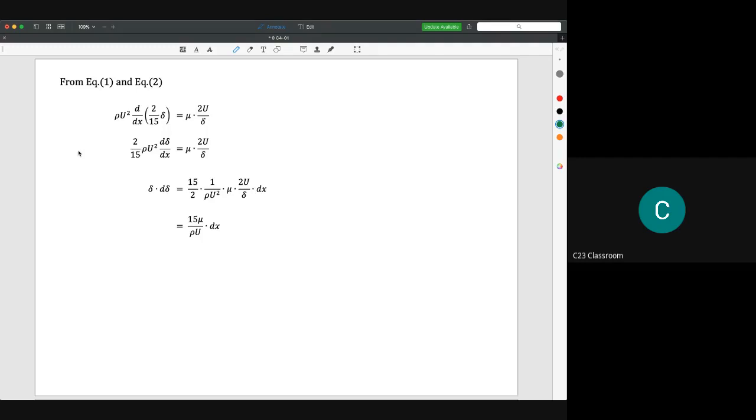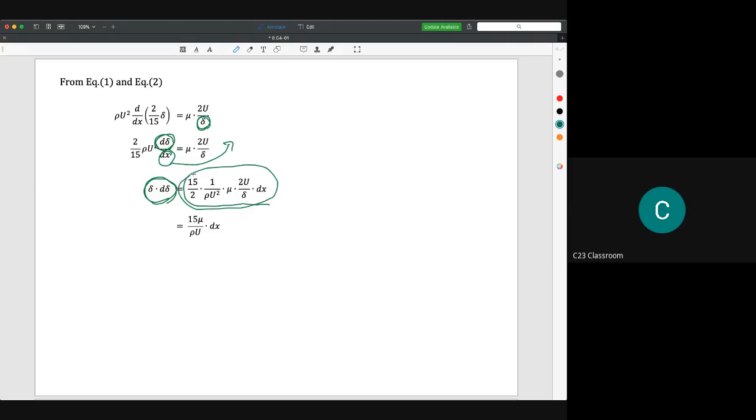So the trick is we put the terms about delta on the right side, and we bring dx to the left side, so that we only have one delta here. And then we assemble the delta and delta star on the left-hand side, and we bring all the other terms to the right-hand side.